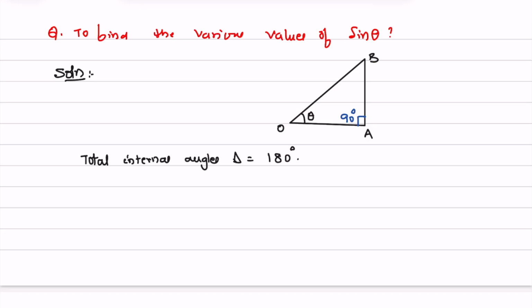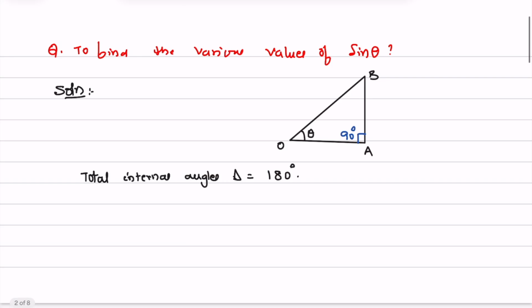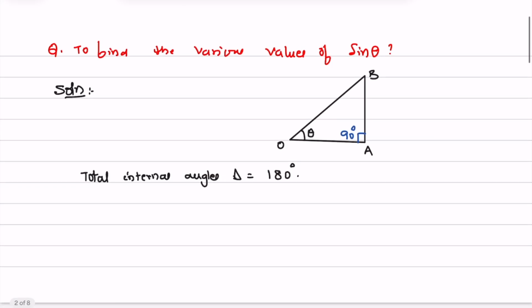We already know from the previous lectures what OAB is. Please see my other lectures also on trigonometry and mathematics, classes for calculus, JEE Mains. In the trigonometric lectures I have explained what this OAB is and how to draw it from a unit circle. In OAB, OA is adjacent to angle theta, AB is opposite to theta, and this is the hypotenuse.